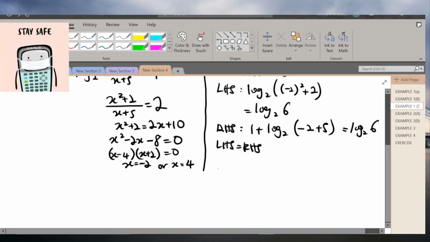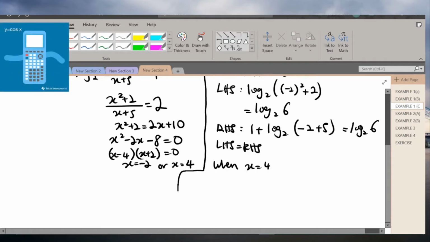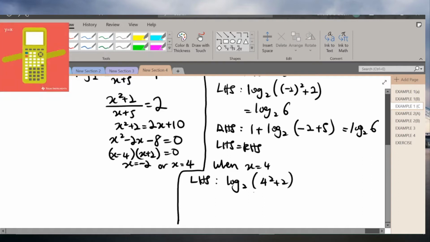So when x is equals to 4, the left hand side will be log base 2 of 4 squared plus 2. This is equals to log base 2 of 18.